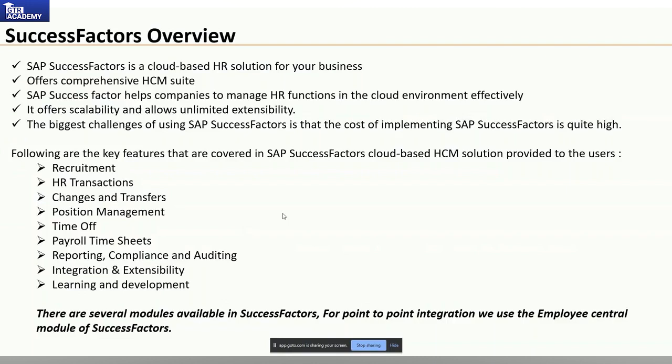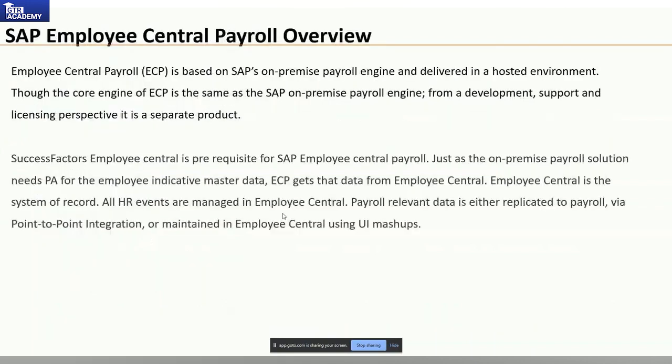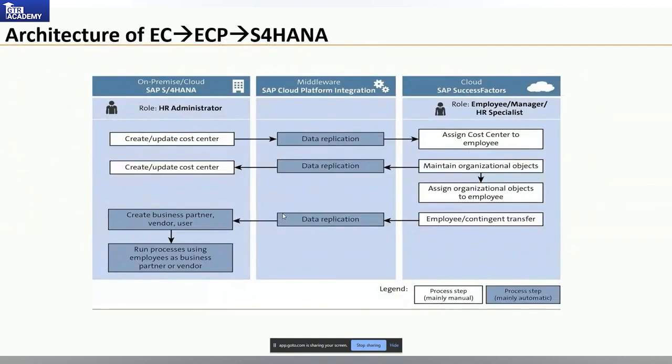One thing to remember, this is for all to understand. This is the architecture. When you are implementing ECP, you will be seeing either two systems or three systems maximum related to SAP.